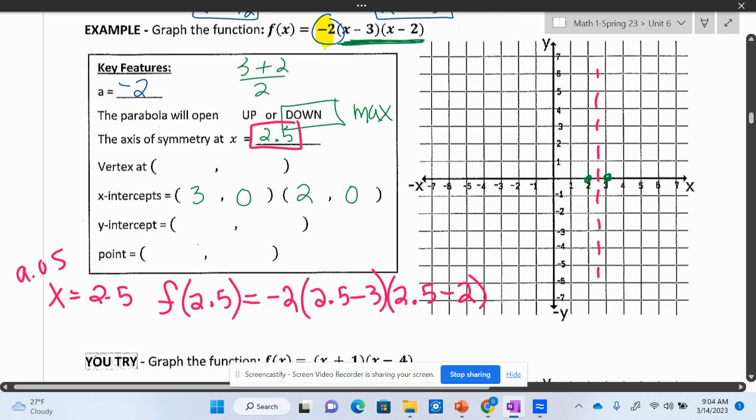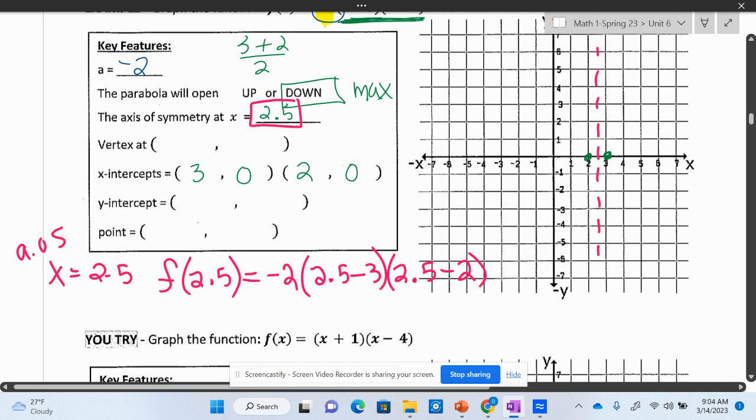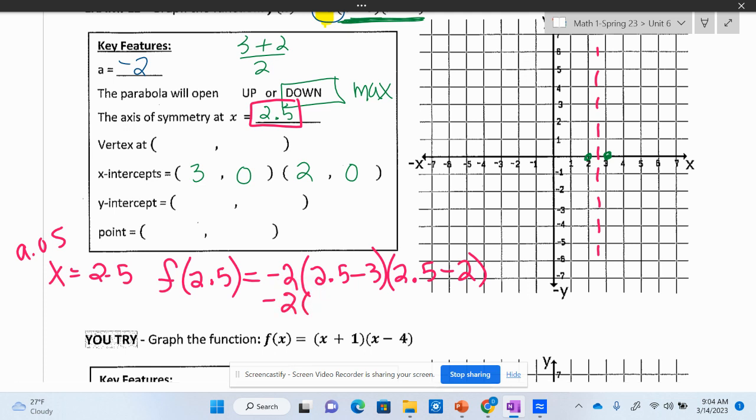So let's do some simplifying. What is 2.5 minus 3? -0.5. And what is 2.5 minus 2? A positive 0.5. So put that into your calculator so we can get the vertex.